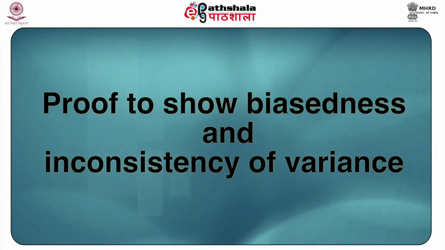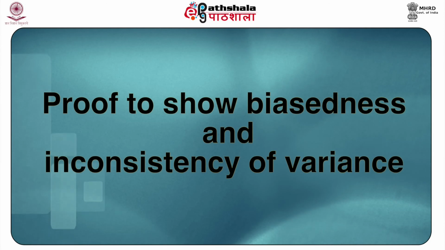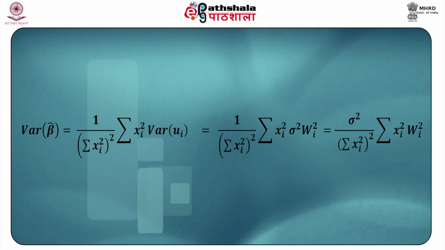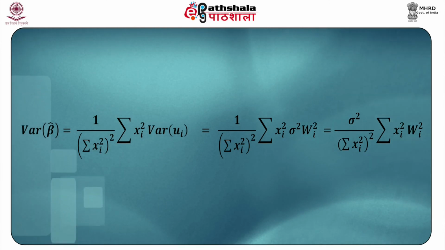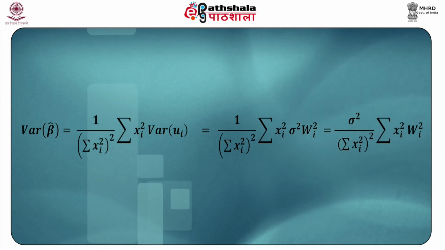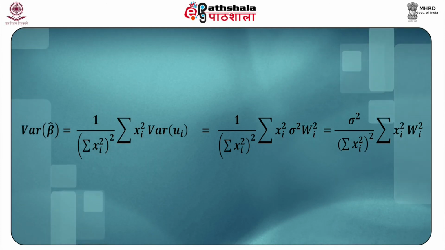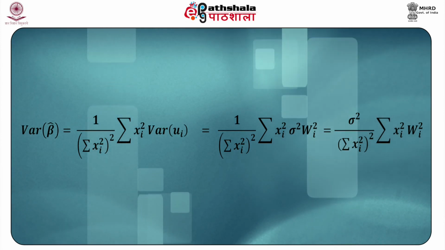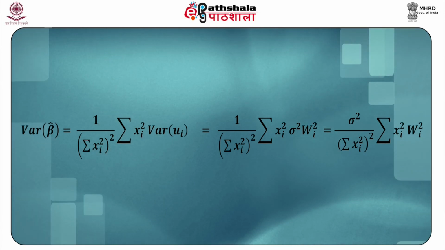Let us now discuss the proof to show the bias and inconsistency of the variance of beta hat. From equation 14, we can write the variance of beta hat as 1 upon (sigma x_i square) whole square into sigma x_i square into variance of mu_i, which is equal to 1 upon (sigma x_i square) whole square into sigma x_i square sigma square w_i square.